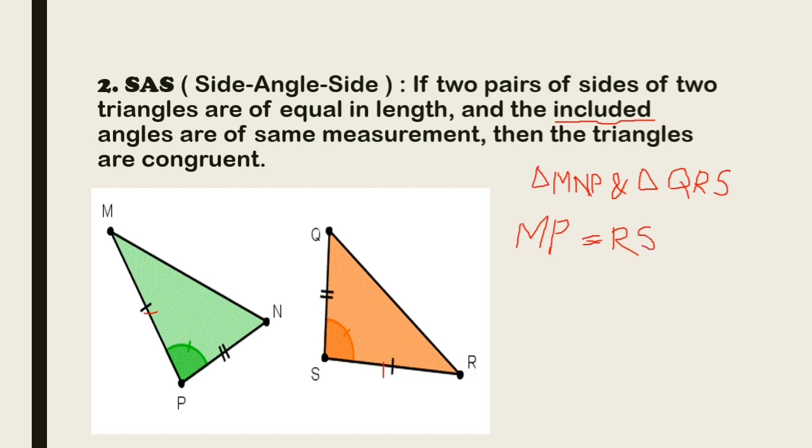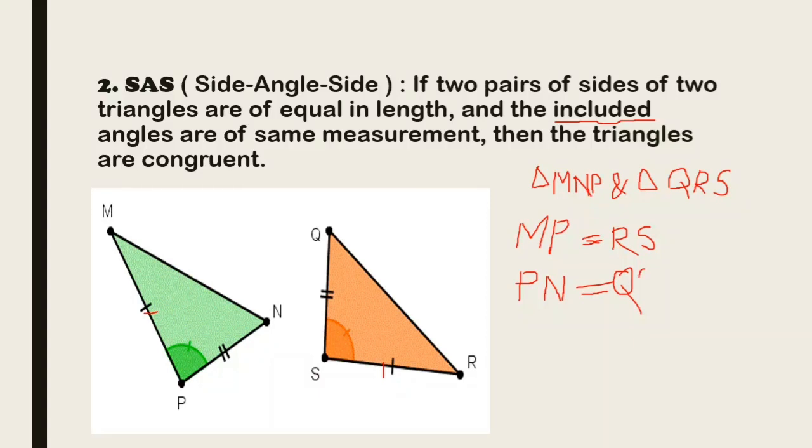Next, this side PN of triangle MNP is equal to side QS of triangle QRS.